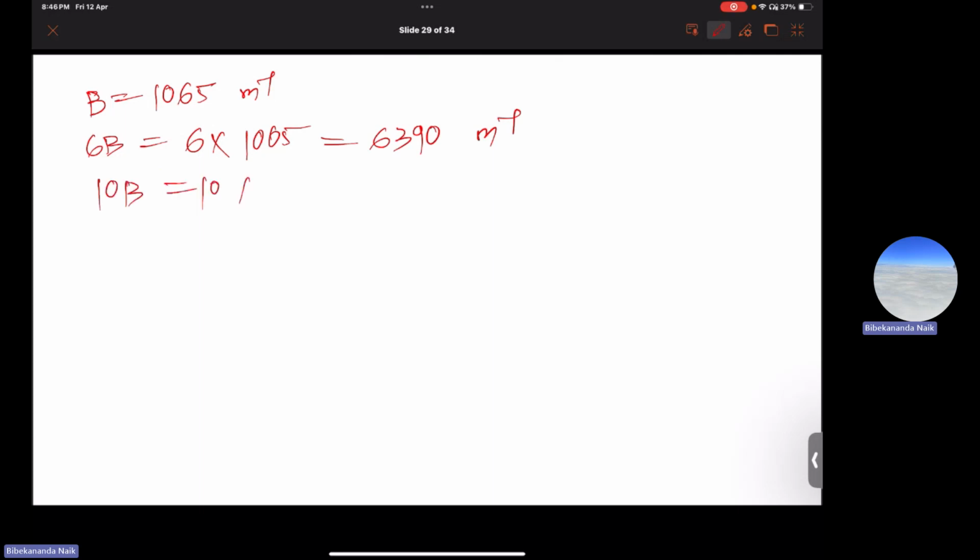10B is 10 into 1065, which is 10650 meter inverse.